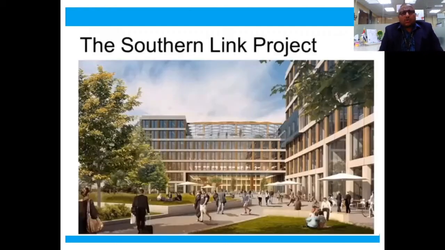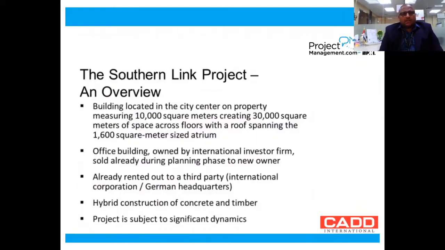To answer this, we are dealing with a project, the Southern Link project, which happened in Germany. So what is this project all about? Let's dive deep. The Southern Link project was a building located in the city center on a property measuring 10,000 square meters, creating 30,000 square meters of space across floors with a roof spanning a 1,000 square meter atrium.